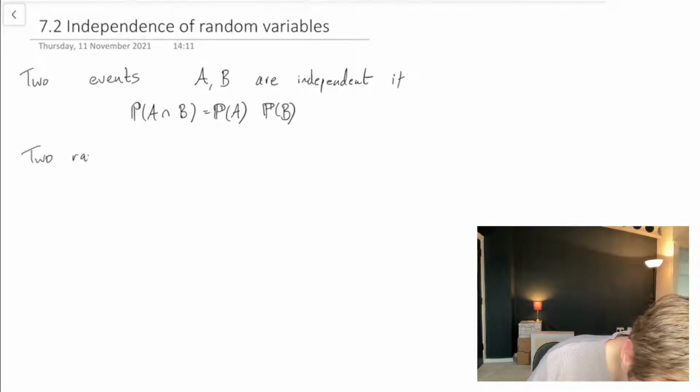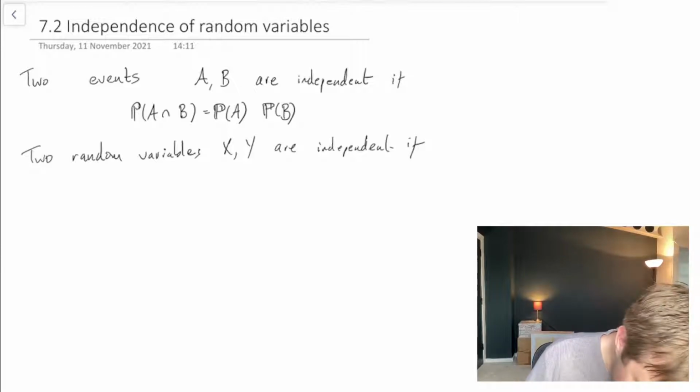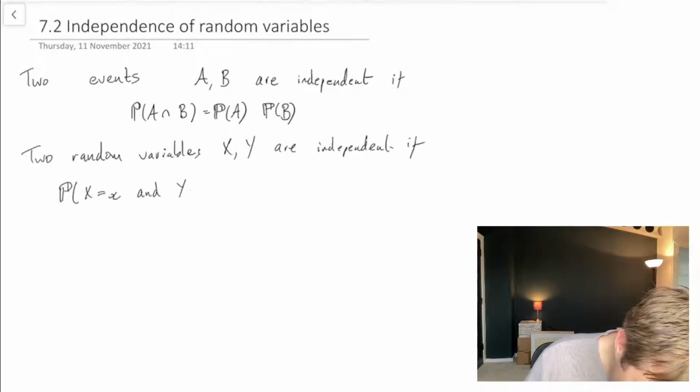Here we would say that two random variables, X and Y, are independent if, instead of the probability of the intersection of two events, we have the probability that X takes on some value x and Y takes on some value y.